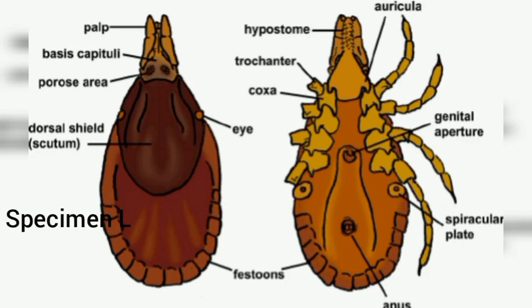Then the female, once it has fed enough and gotten to a stage, drops down from the host, then produces the young ones and then dies off. So the young ones begin to find an animal, or the host, to attach themselves to the body, and the process continues again.